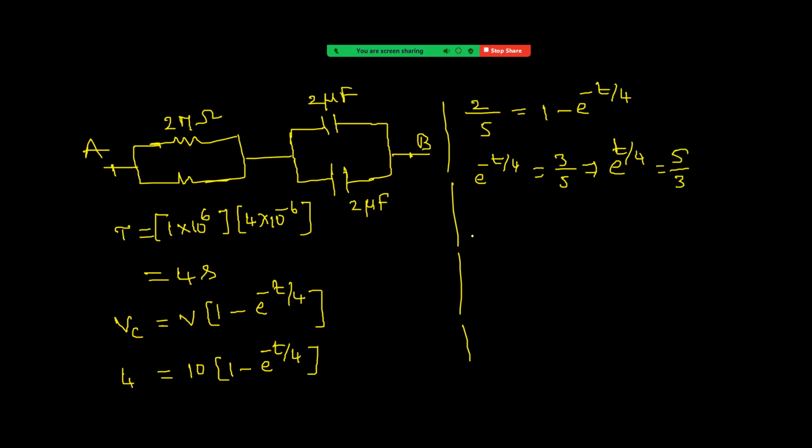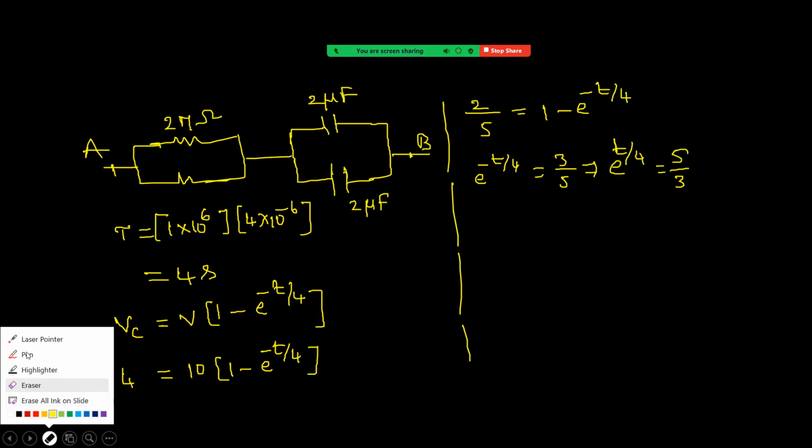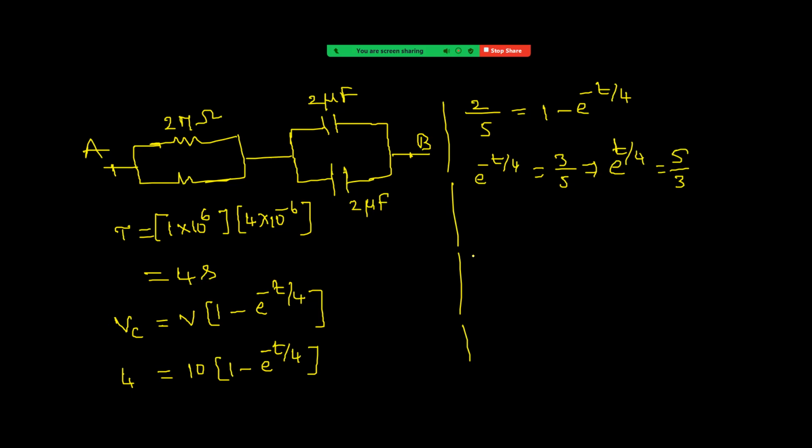Okay. Now take ln on both sides. If you take ln on both sides, t by 4 is equal to ln 5 minus ln 3, right?